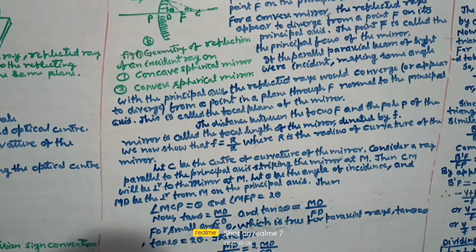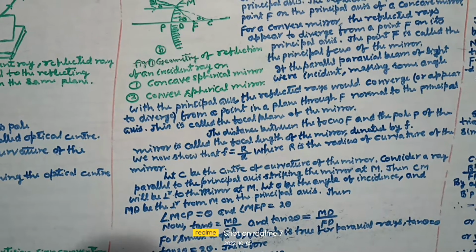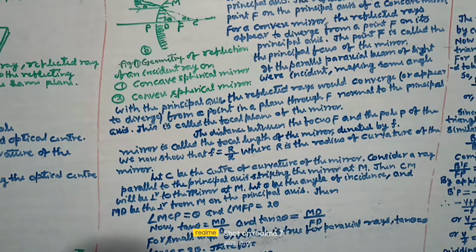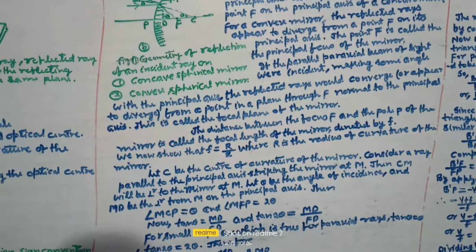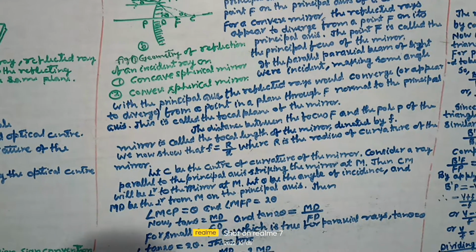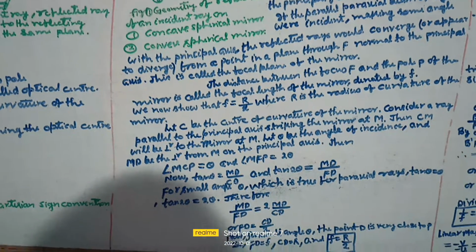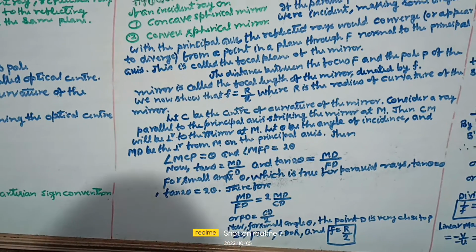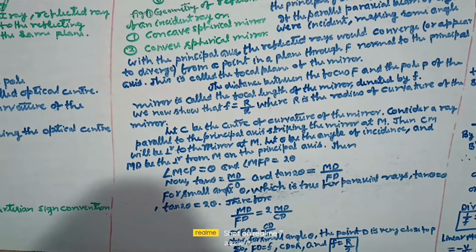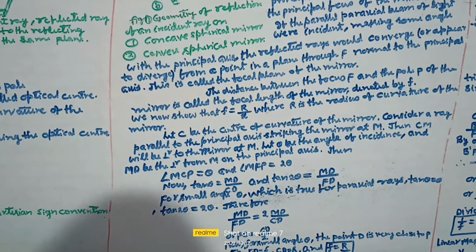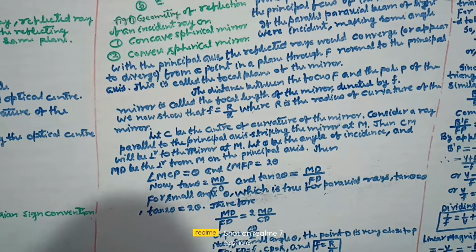Then CM will be perpendicular to the mirror at M. Let theta be the angle of incidence and MD be the perpendicular from M on the principal axis. Then angle MCP = theta, angle MFP = 2 theta. Now tan theta = MD/CD and tan 2 theta = MD/FD.